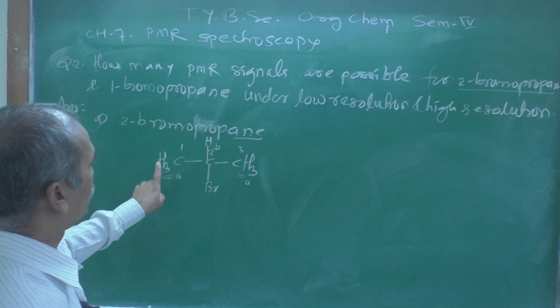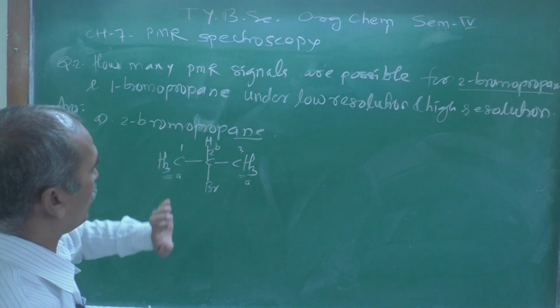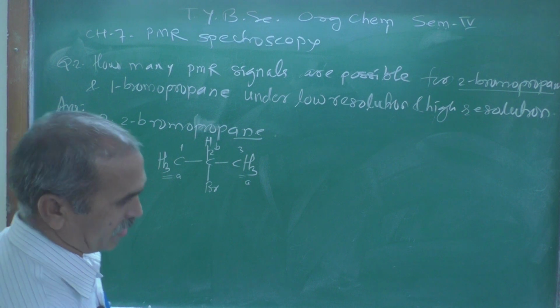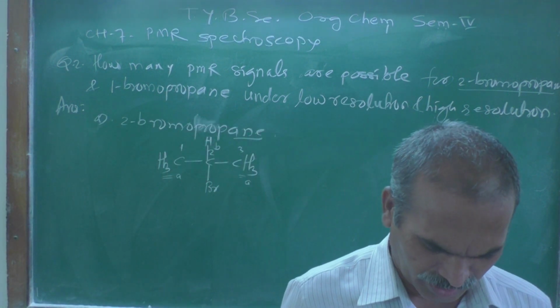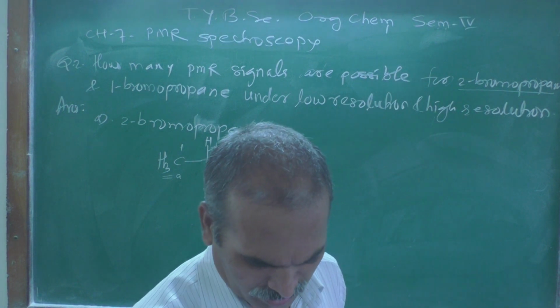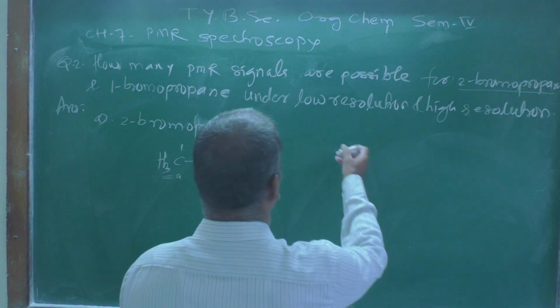Understood? 2 types of protons under low resolution, therefore 2 PMR signals.